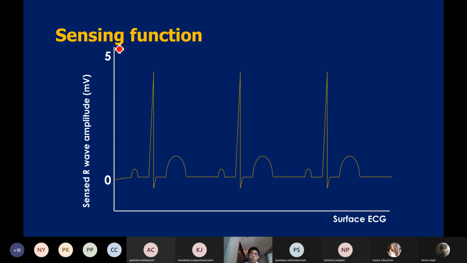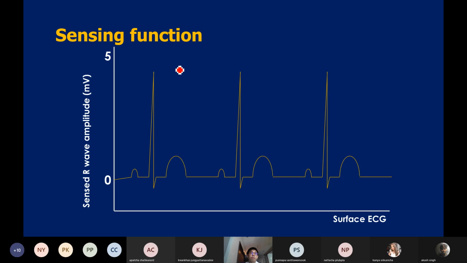On the y axis is the sensed R wave amplitude, the amplitude of the R wave that could be sensed. The higher the amplitude, the more the pacemaker could see.